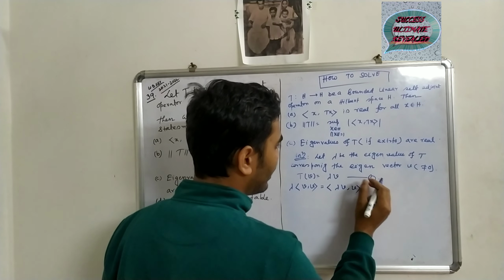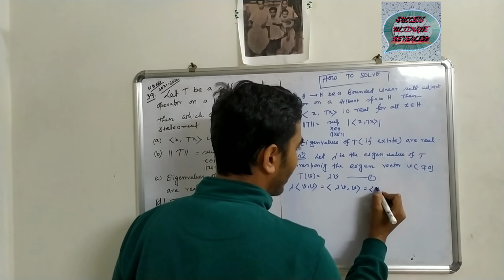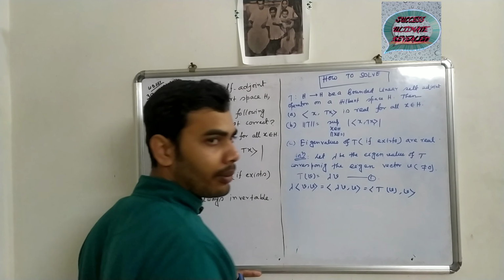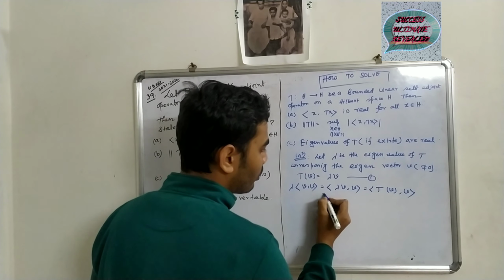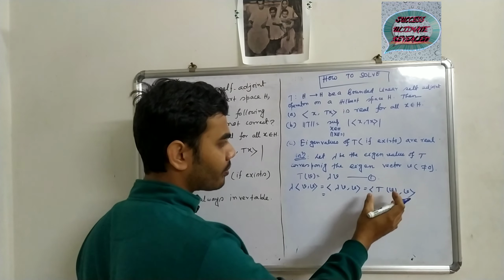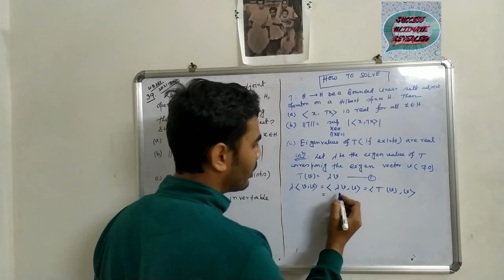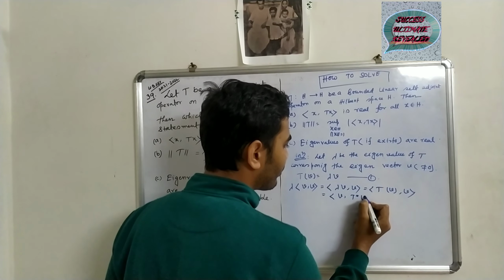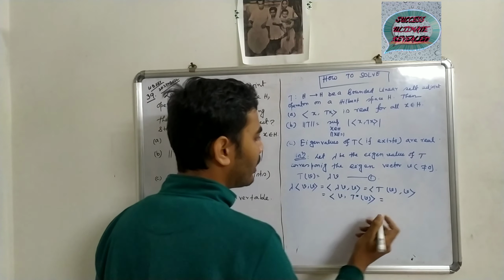And what is lambda V? Using relation 1, I write this as nothing but the inner product of T of V and V. Now I use the property of the adjoint operator. We get the inner product of V and T star V. Now what is T star V?